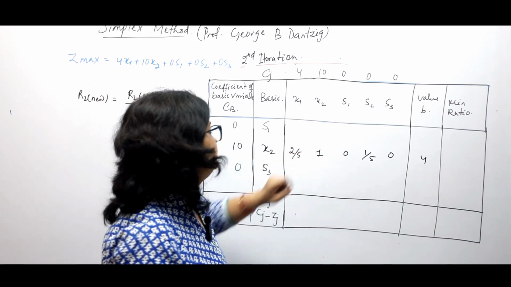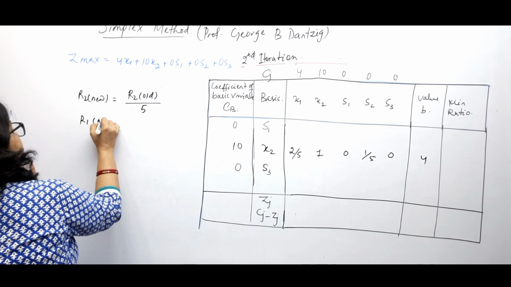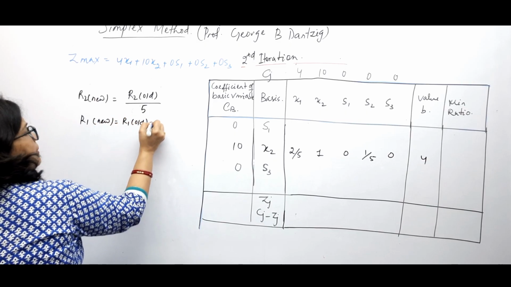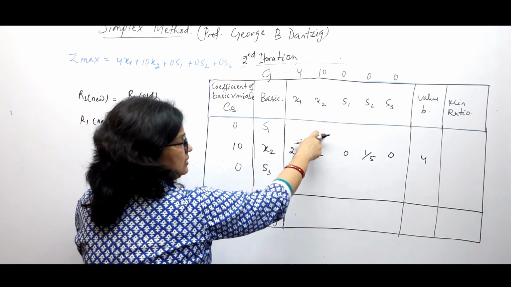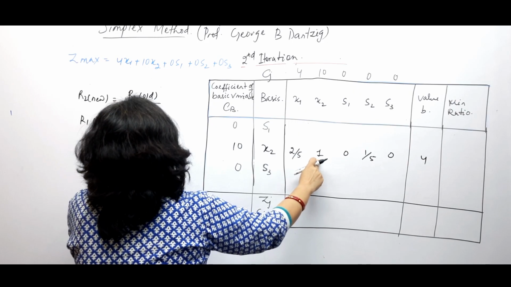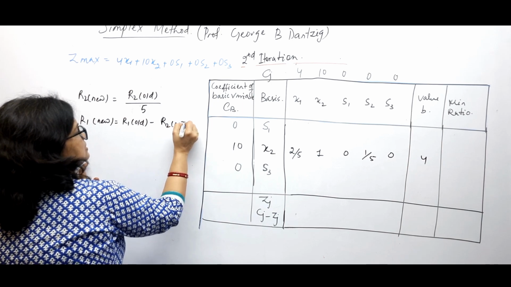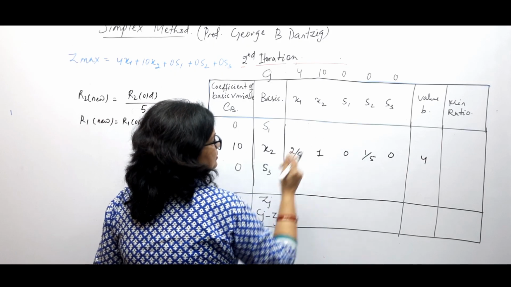So we need to write R1 new equal to R1 old minus, this is R1 old, means we are having 1 here. If we subtract our R2 new, means this value, then 1 minus 1 will be 0 here.